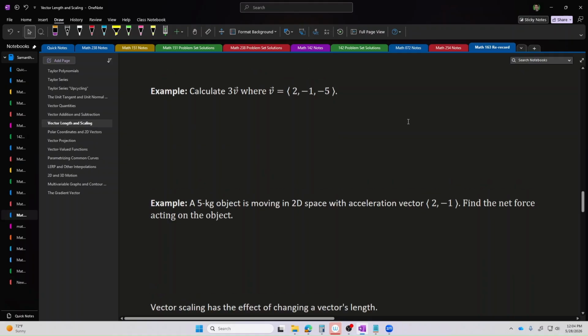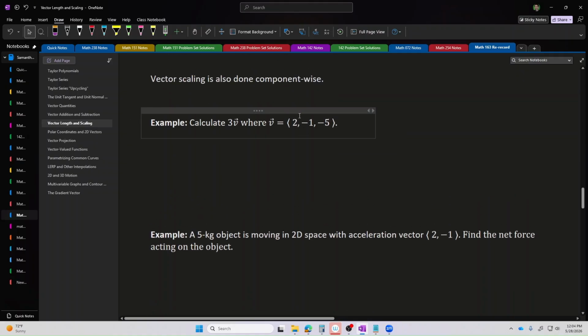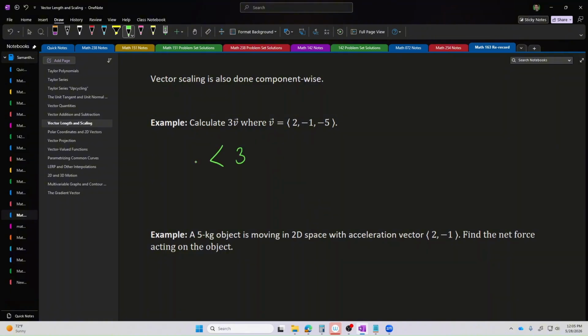So for example, if they gave me the vector v equals 2, comma, minus 1, comma, minus 5, and they asked me to scale that vector by a factor of 3 and calculate 3 times this vector, all I would have to do is multiply each individual component by this 3. So 3 times 2, 3 times -1, 3 times -5, giving me an answer of 6, -3, -15, component-wise scaling.